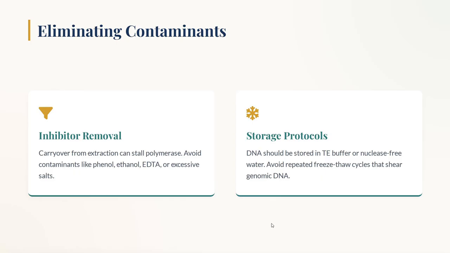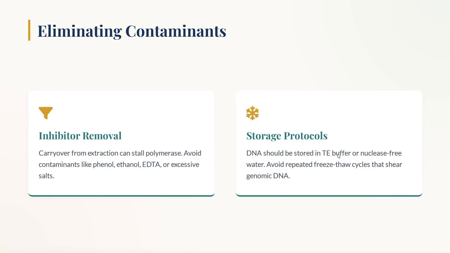Another reason could be a very basic thing that most people just ignore, thinking this cannot happen, that is storage of DNA. Whenever you are storing DNA, make sure it is stored in TE buffer or nuclease-free water. After your elution, whenever you are storing it in diluted form, either dilute it in TE buffer or nuclease-free water.